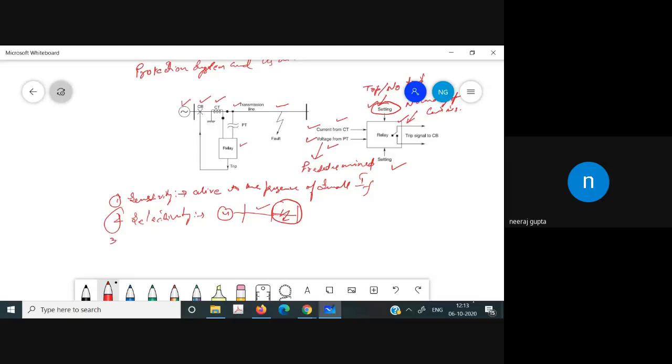Now, next is the speed. So what is speed? Anyone?